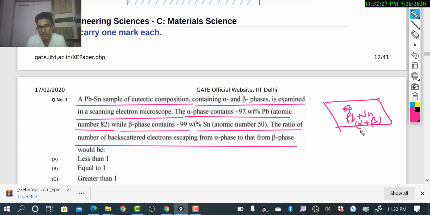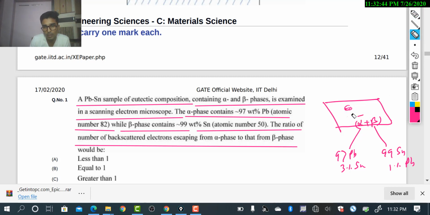Alpha phase is the phase where 97% of Pb is there and 3% Sn, and beta is the phase where 99% Sn is there and 1%, obviously, is Pb. So it is the mixture of alpha and beta. Now it is saying that if it is analyzed by scanning electron microscopy, what will be the ratio of backscattered electrons coming from alpha to the beta?